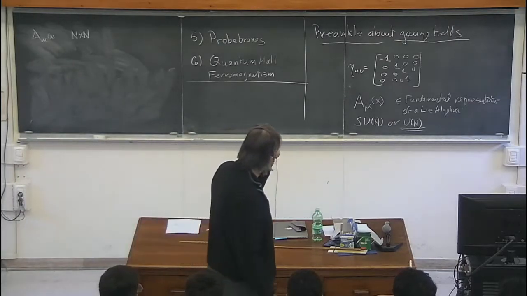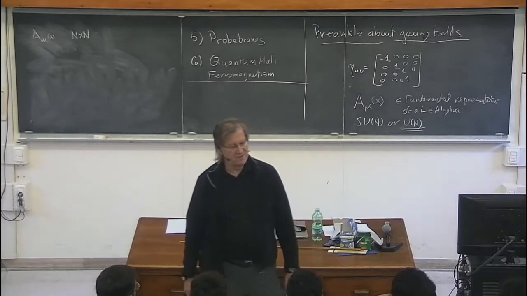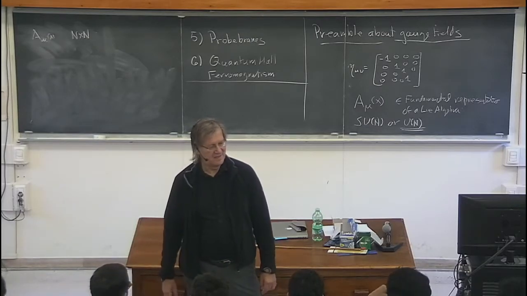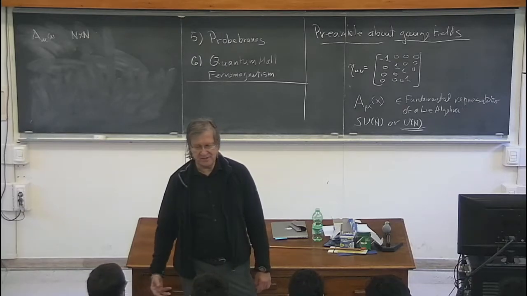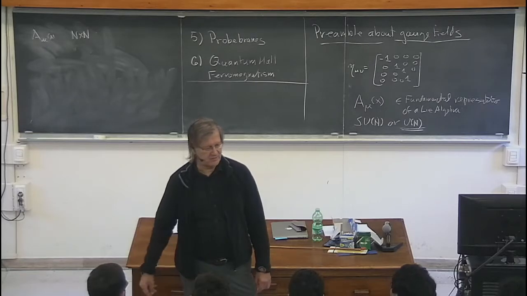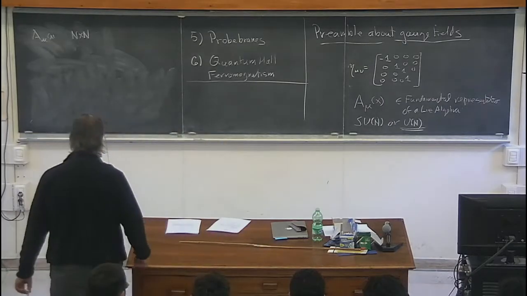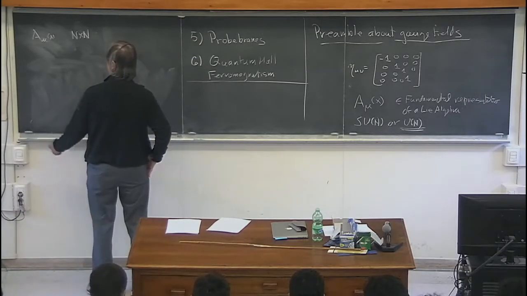Pardon? It transforms in the adjoint, but it takes values in the fundamental. Right? So for SU(N) in particular, U(N) also, the fundamental representation is N by N, and that's what it is. So it's a matrix, N by N matrix. If it were an adjoint, it would be a much bigger matrix, but it transforms in the adjoint, it's true.